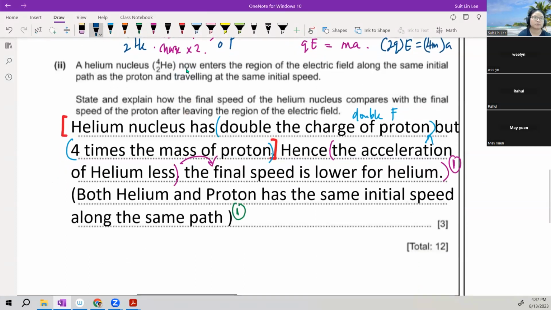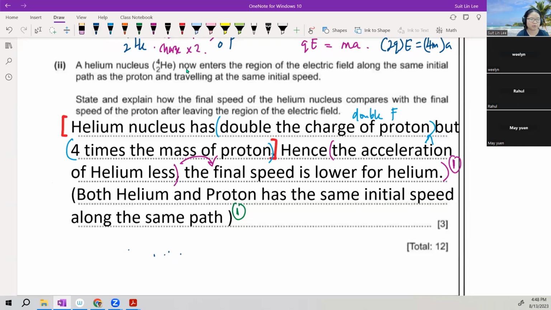You can think about it from the perspective of V square is U square plus 2AS, right? So if the initial U is the same, then larger A means larger V. But if your initial U is bigger, then maybe it will counterbalance because you didn't accelerate from the same initial speed. So you should also mention that the initial speed is the same. All right.